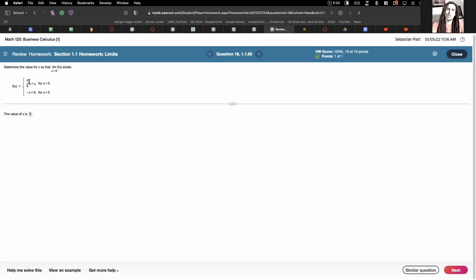We have 1/5 x plus c when x is less than 5, and then negative x plus 9 when x is greater than 5. So I'm going to stop share for now, and I'm going to share via my iPad through AirPlay.